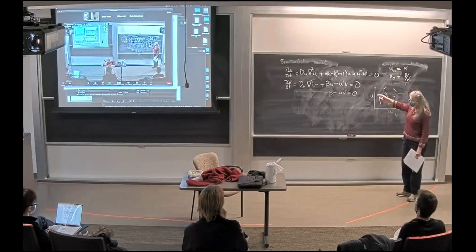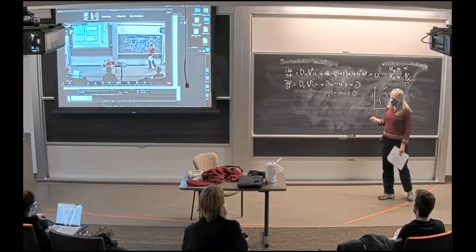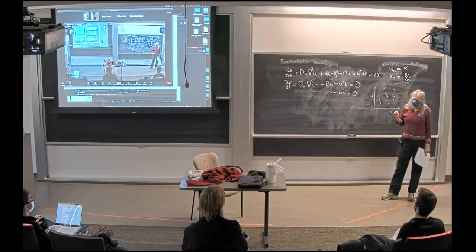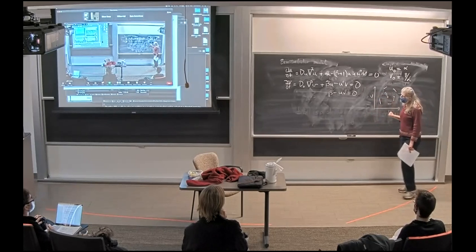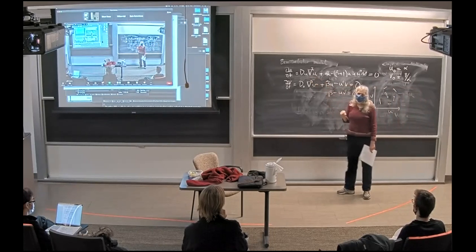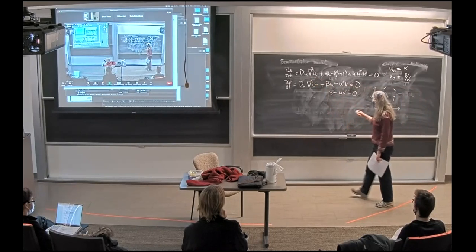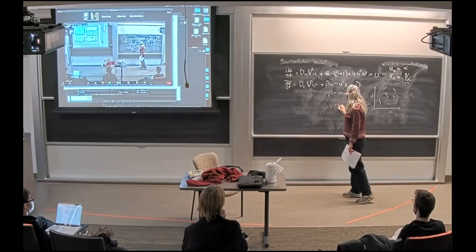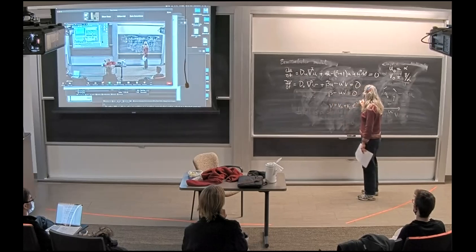The other thing we can do is linearize near the fixed point. We can say, what if the dynamics are just barely near this? And we can put in wave-like solutions, solutions that look like V is equal to V0 plus V1 e to the i(kx minus omega t). That's a wave-like solution.